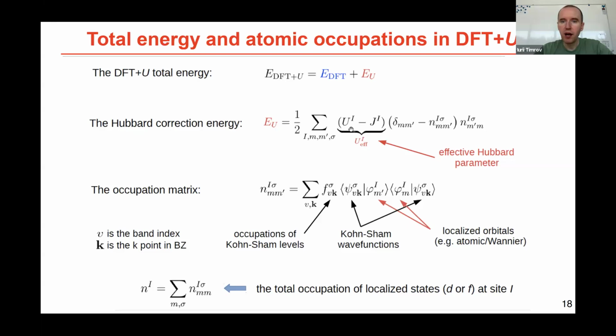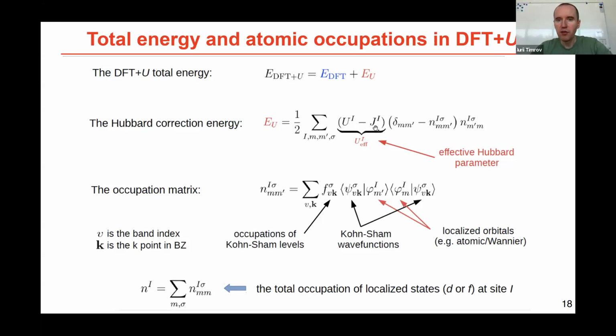Now we have this Ui and Ji. Ui is the Hubbard parameter and J is the Hund's parameter. We'll talk a little bit later about it. U describes electrostatic repulsion of electrons and J describes Hund's interaction of opposite spin electrons.